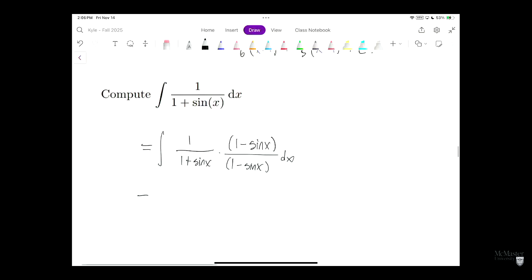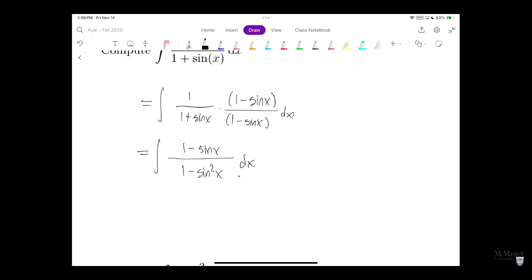If you multiply by the conjugate, the integrand turns into 1 minus sine of x in the numerator, 1 minus sine squared of x in the denominator. What's 1 minus sine squared of x? That's cosine squared of x. So this is the integral of 1 minus sine of x over cosine squared of x dx.